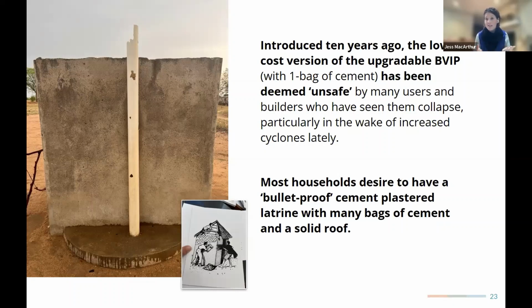It is a squat hole that is not covered, and so you have flies coming in and out. And I saw 3 people using this particular latrine while we sat and chatted with people. So these are quite commonly used. Now, most households, again, are looking for this bulletproof plastering with many, many bags of cement, and if money allows, a solid roof. Next slide.